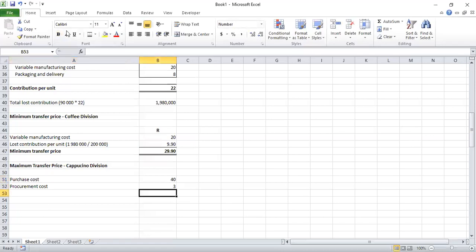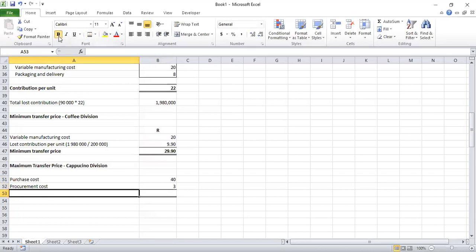Then our total, which will be our maximum transfer price. So they will say, no, we are currently spending 43 Rand per kg. So if you are going to give us a price, the maximum that we can give you is that 43.